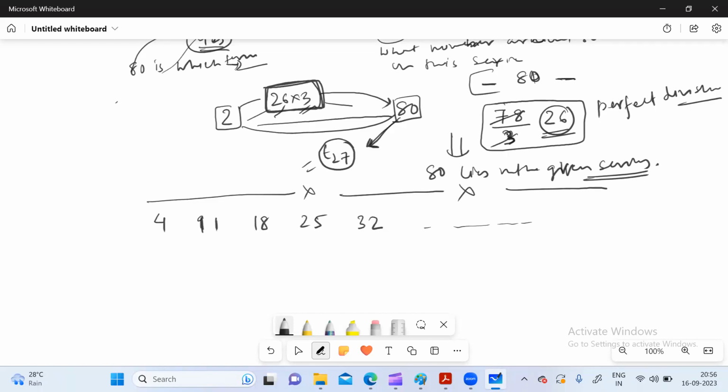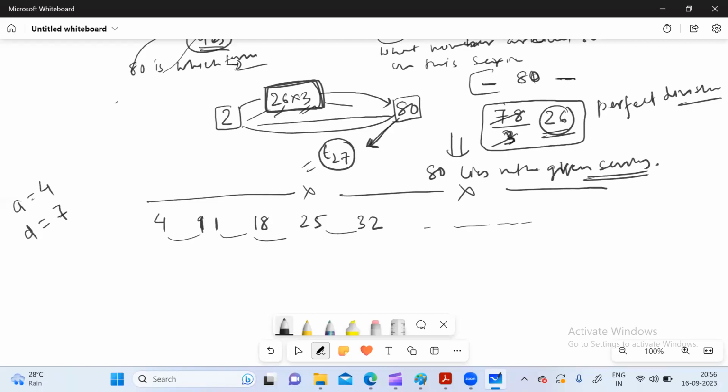This is a series. Of course, you can easily check that the common difference here is 7, so every new term is 7 away from the previous term. The first term A is 4 and the common difference B is 7.